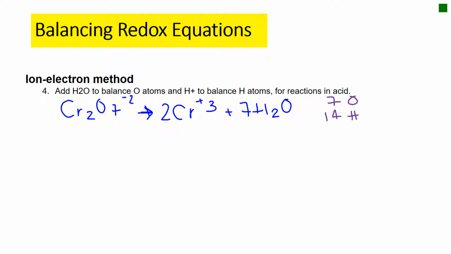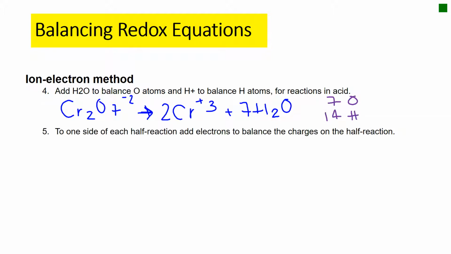Now our fifth step is, on one side of each half reaction, to add electrons to balance the charges of the half reaction. So it is going to look like this. Cr2.